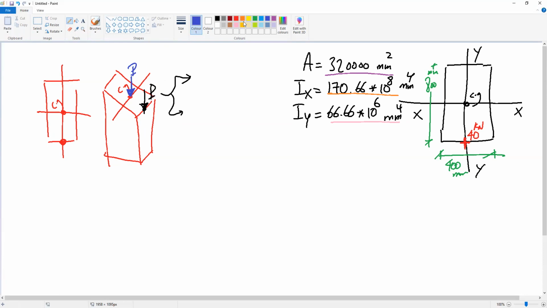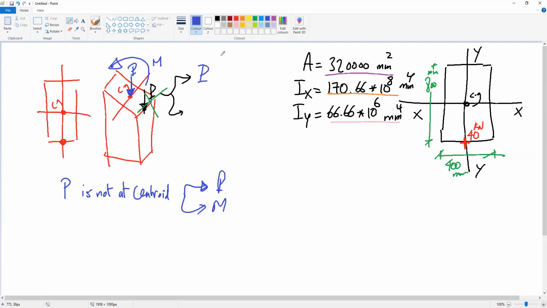So we can cancel this force like that and apply a force N and a moment M. Because the force N is not acting at the centroid, we replace N with N at the centroid plus a moment.